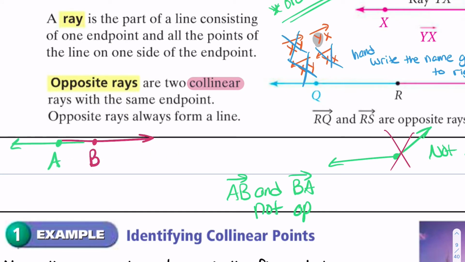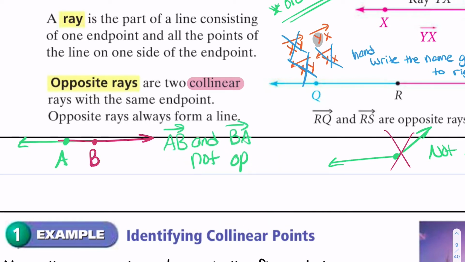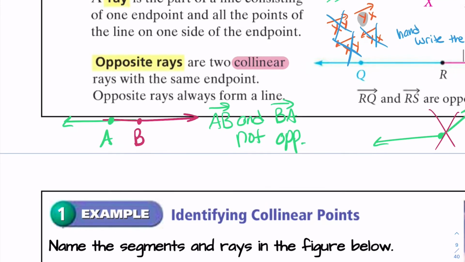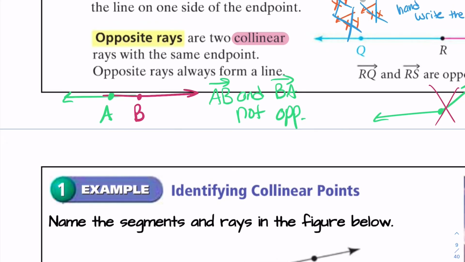Why? Because they overlap. They cannot overlap. They have to have the same endpoint. Because AB and BA overlap on the portion of AB, those are not opposite rays. They just can't overlap.